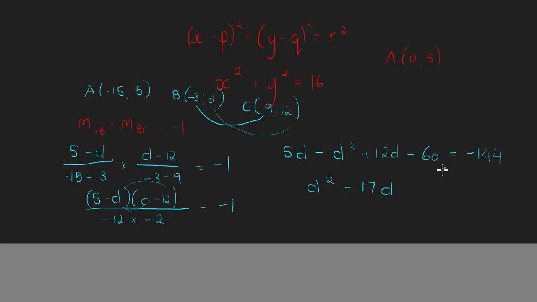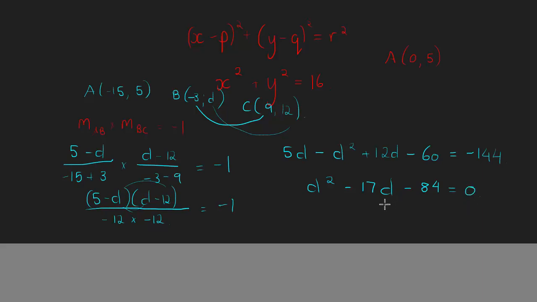So that is minus 60, so it's 84. So plus 84 is equal to, let me just confirm, 84. It should be negative 84 is equal to 0.